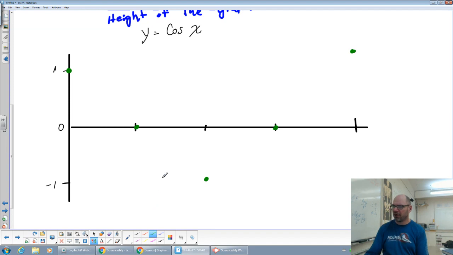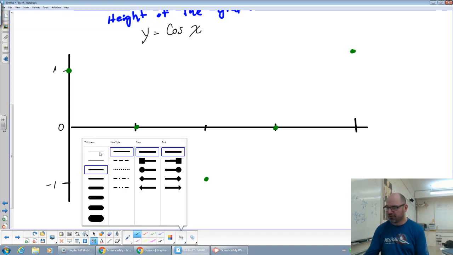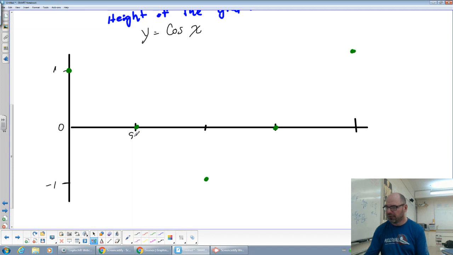So the cosine graph, and if we label this, I forgot to label the degrees in there. 90, 180, 270, and 360. So here we have the basic shape of the cosine graph. Oops, let's make it green here. Sorry, guys.